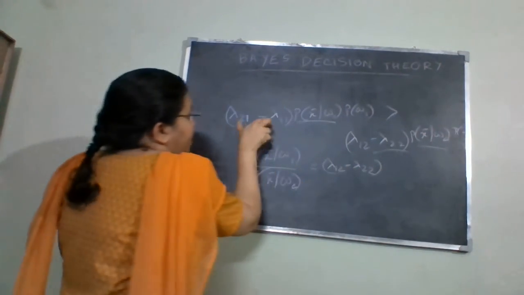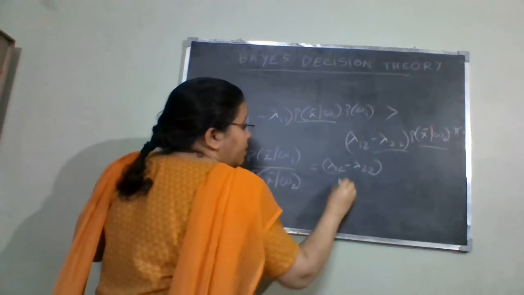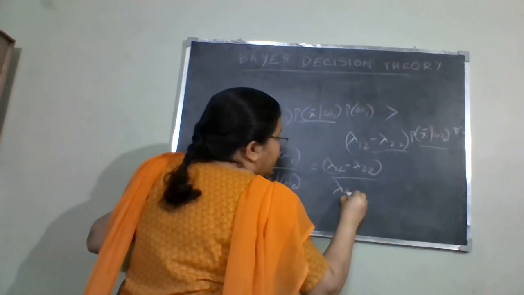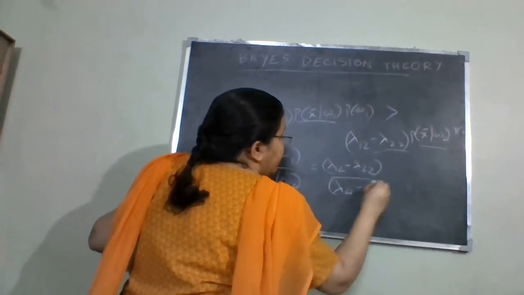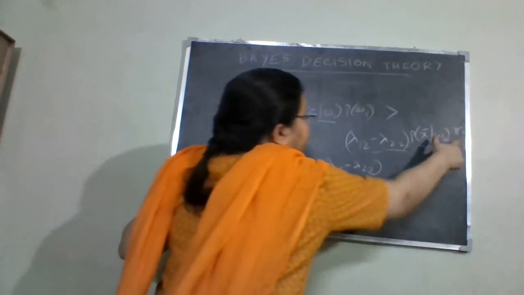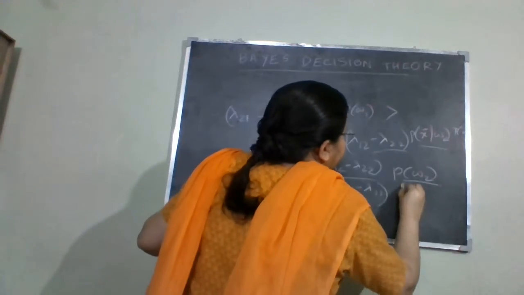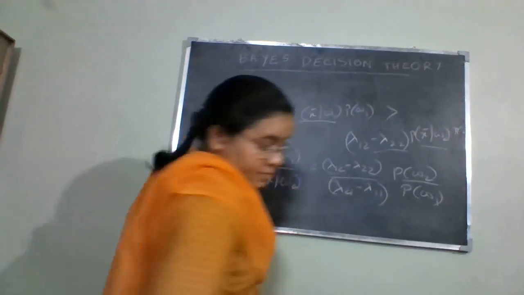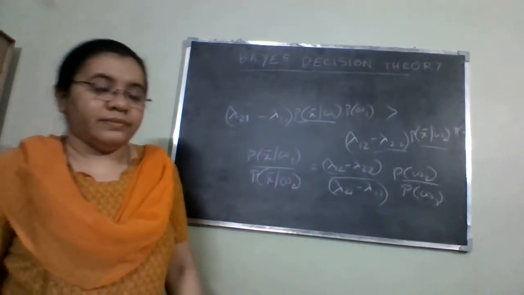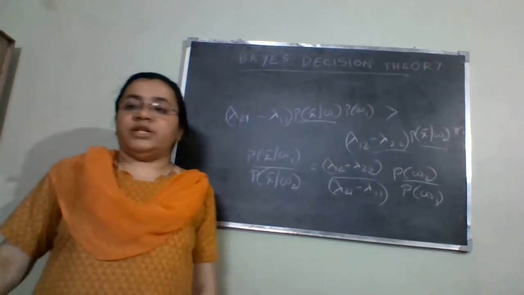Now if I put this term down, it becomes lambda 21 minus lambda 11, on top of which we have p(omega 2). And if I bring this term down, we have p(omega 1). This is my equation 18.